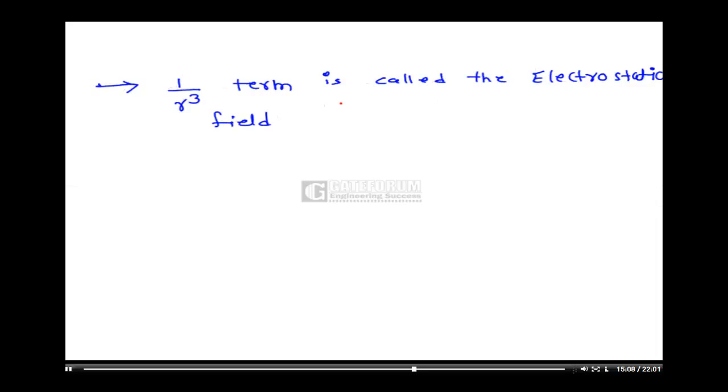The first one, the 1 by r cube term, is called the electrostatic field.